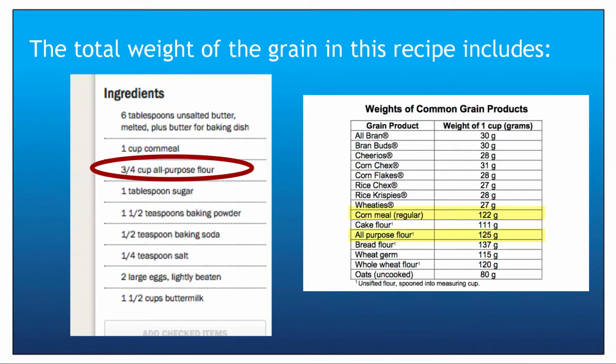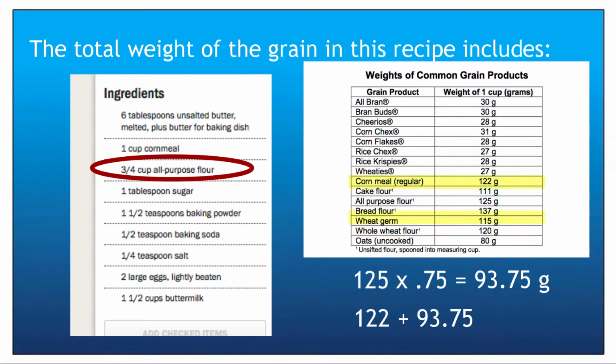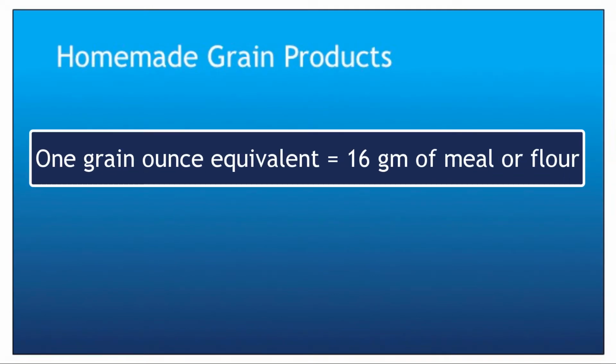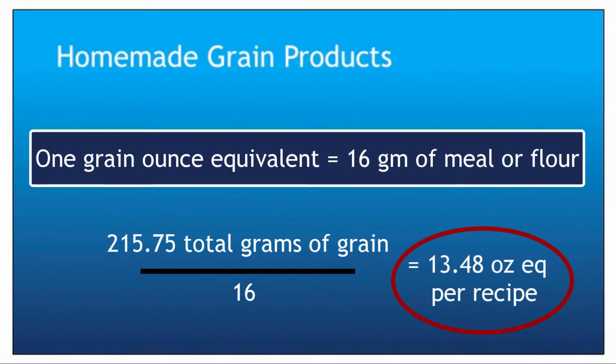To determine the weight of 3/4 cup, multiply 125 by 0.75 to equal 93.75 grams. 122 plus 93.75 equals 215.75 grams of total grain in the recipe. 1 grain ounce equivalent includes 16 grams of meal or flour. 215.75 total grams of grain divided by 16 equals 13.48 ounce equivalents per recipe.